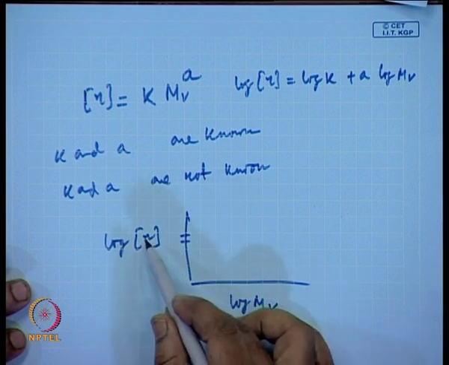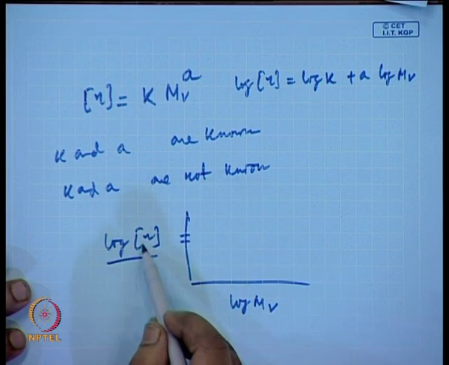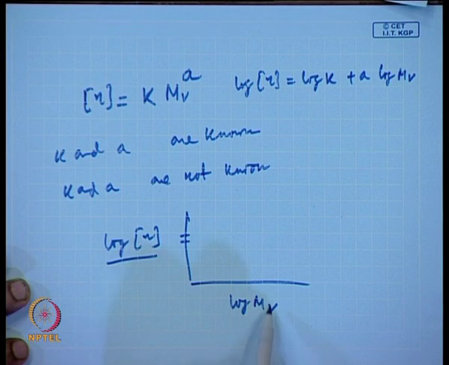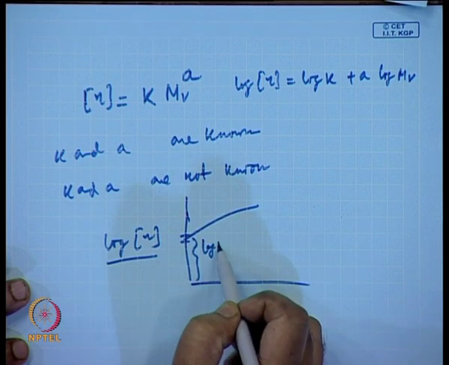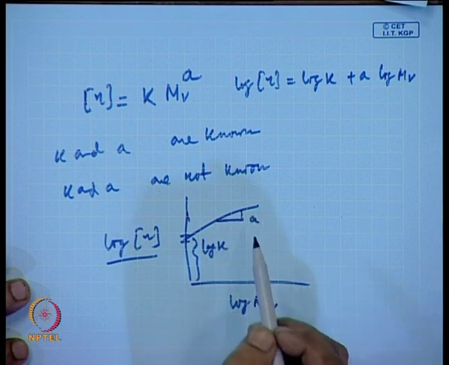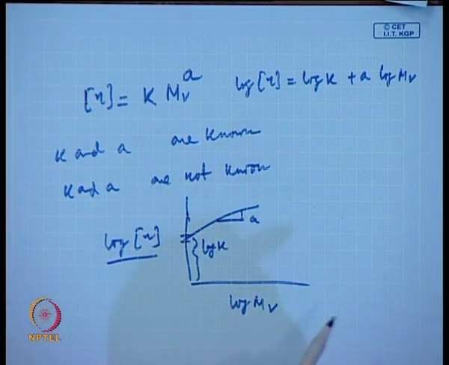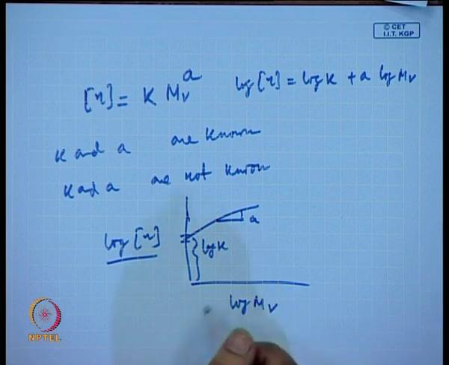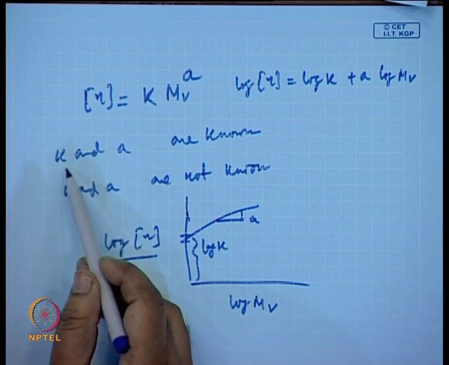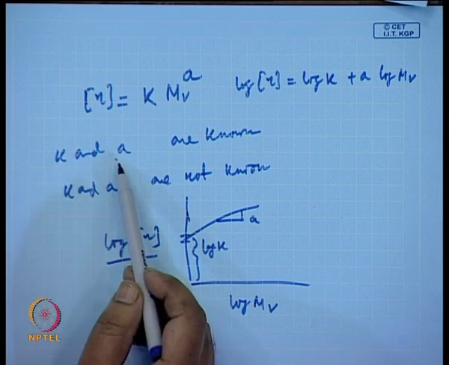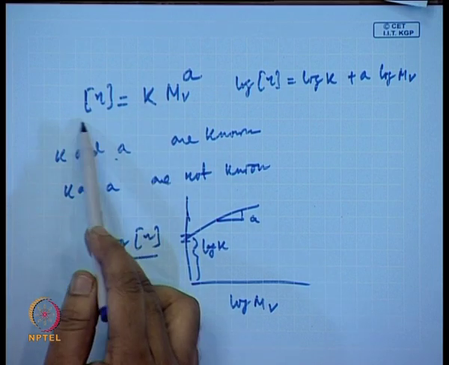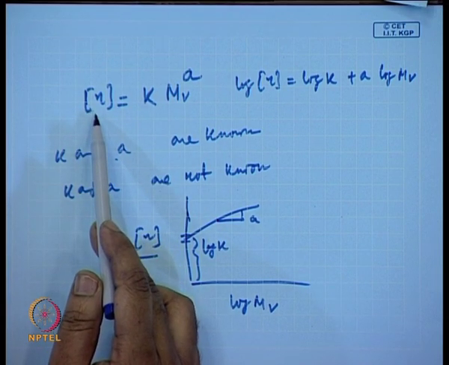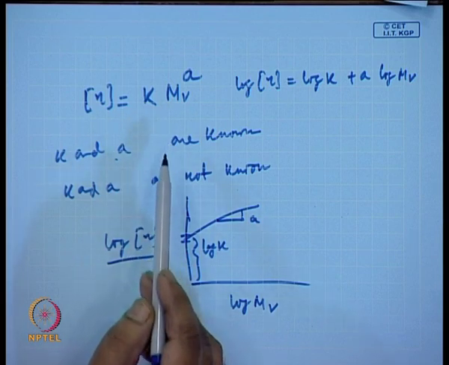So, if you plot the log of intrinsic viscosity against the log of viscosity average molecular weight, the intercept will give you log K and the slope will give you a. Okay. If you know these from experiment or from the literature in a book, you are fine.